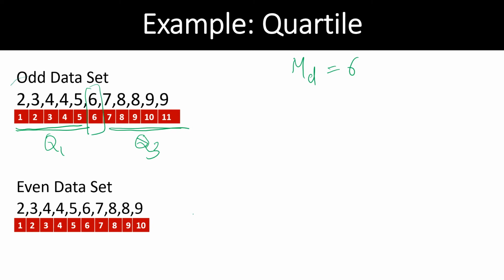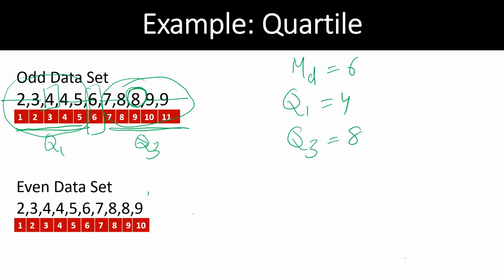Let's assume this as complete data set and calculate the median of this data set. Again, two numbers below this and two numbers above this. This will be the median of this data set, which is Q1. So Q1 will be 4 here. Same way in this data set, assume it as complete data set, two numbers below this and two numbers above this. This will be median of this data set, or you can say Q3, which is 8.